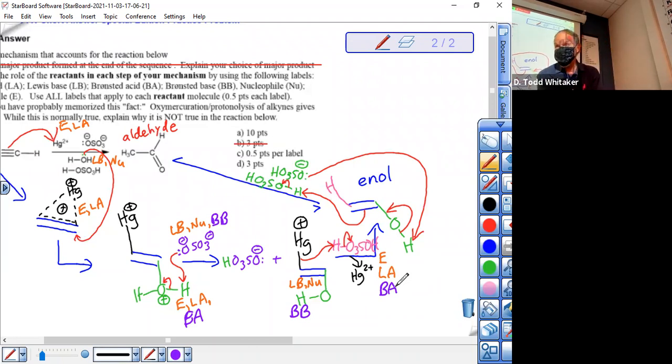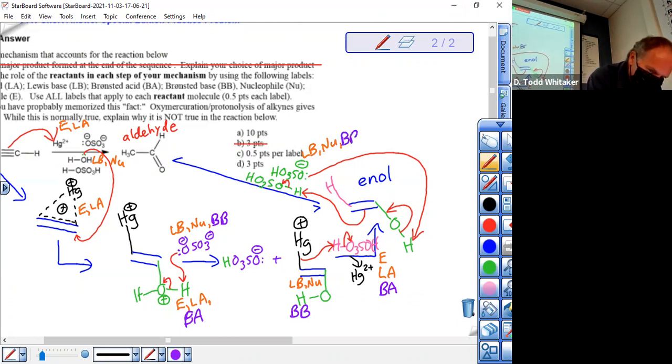Now, if you look carefully at the tautomerization, there's 3 molecules involved. So a label for the originator is the base there, isn't it? It's a lubnu. Is it attacking a proton? It certainly is. So what else is it? A BB.